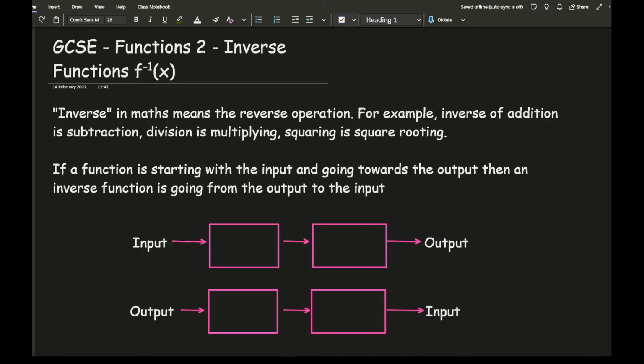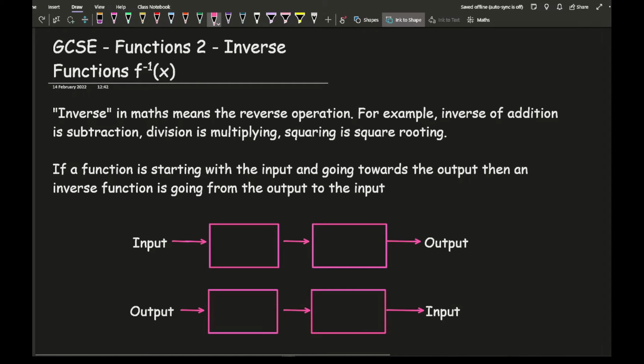Now, if a function is starting with the input and goes towards the output, then an inverse function will be going the opposite, which would be starting with the output and going to the input. So for example, if we have a look at a relatively basic function, so let's just say that f of x is x times 2 plus 5, then its inverse function will basically do the opposite in the opposite order.